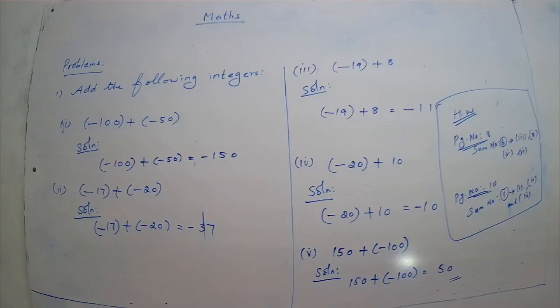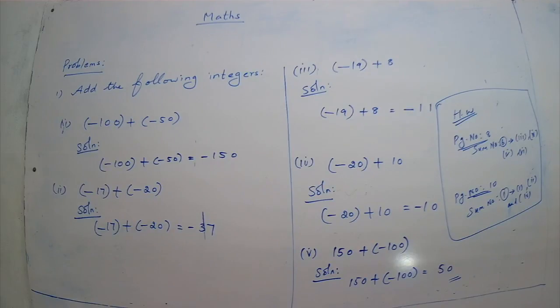Mark the questions children: sum number 6, the third part, fourth part, fifth part, and sixth part. Four questions, four sums.